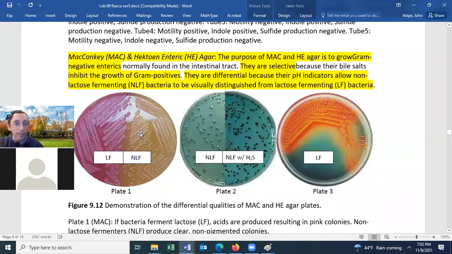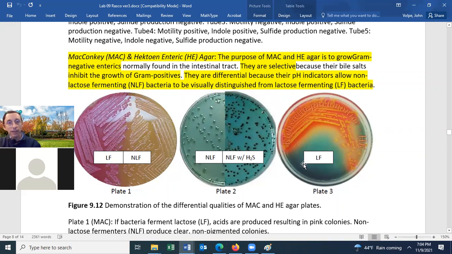Okay, I mentioned that you can, on MacConkey's and Hektoen enteric agar, use these tests to look for the fermentation of the sugar lactose. If lactose is fermented on MacConkey's media, you'll get pink colonies, and the growth around the tube may be pink. That's from the fermentation of the sugar lactose, and it makes it acidic, which changes the media to pink. If the bacteria does not ferment lactose, it will stay its normal color, and we're just going to say it's not pink.